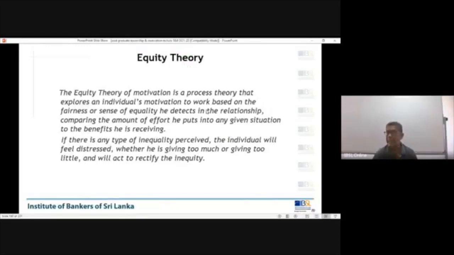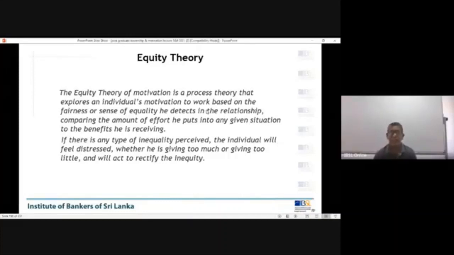Okay. The second theory is what we call equity theory. John Adams is the guy who developed this theory. Now, equity theory of motivation is again a process theory that explores an individual's motivation to work based on the fairness or sense of equality he detects in the relationship.